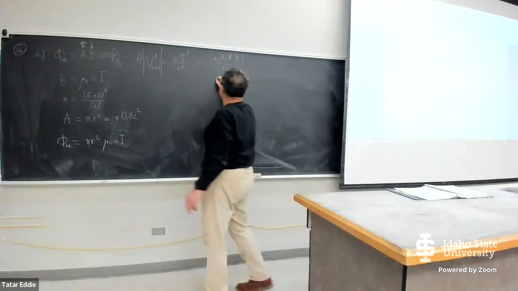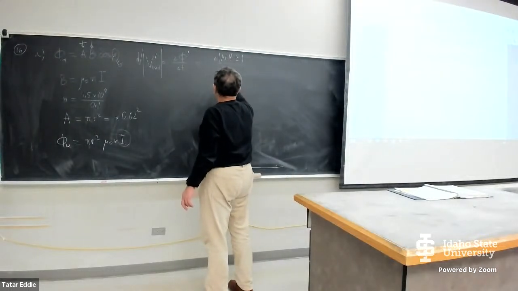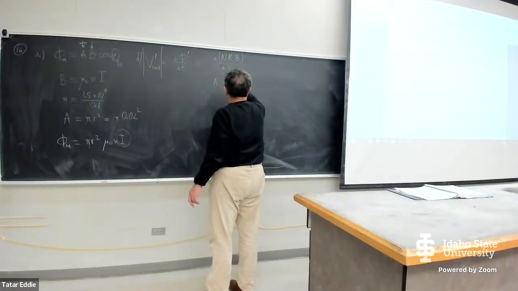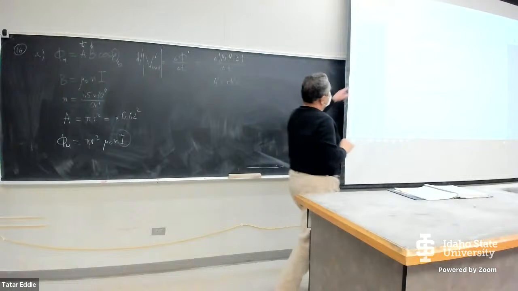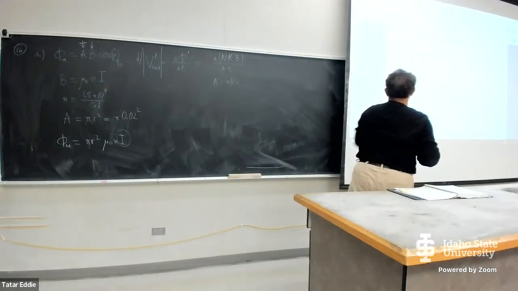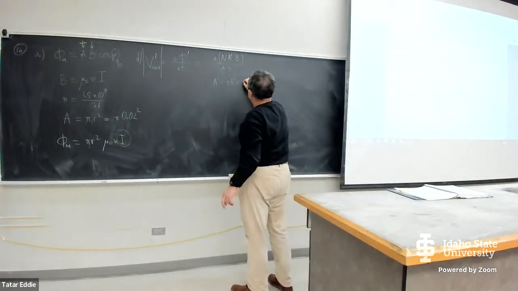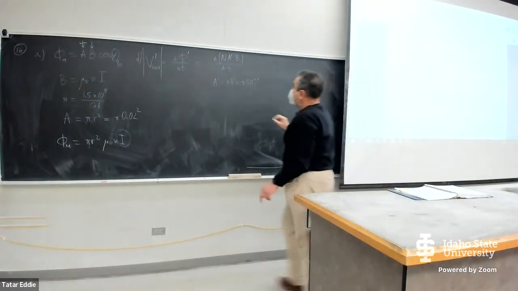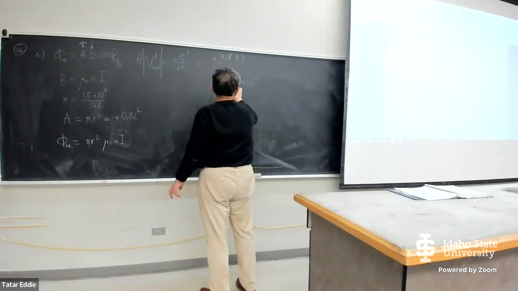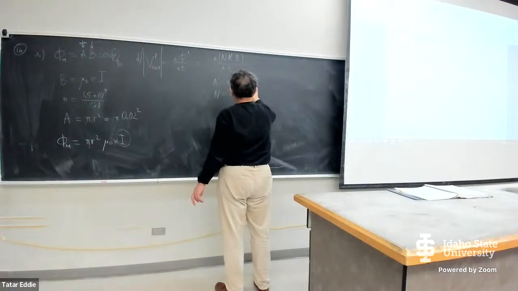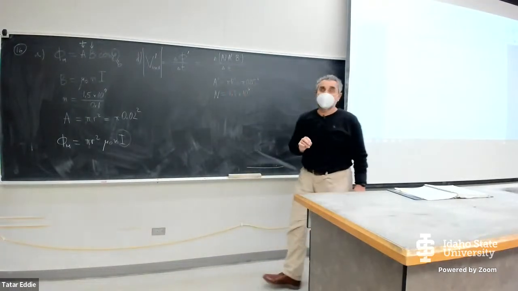Now in this formula, A prime is equal to pi capital R squared, the radius of the solenoid cross section, which is 0.05 meters. So it is pi times 0.05 squared. Capital N is 1.5 times 10 to the 4, the number of turns in this formula.